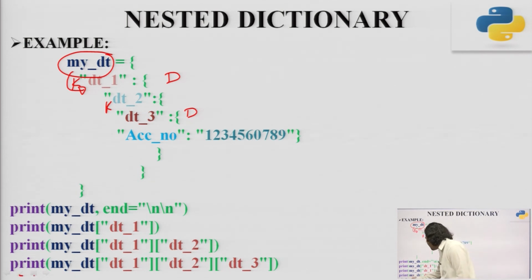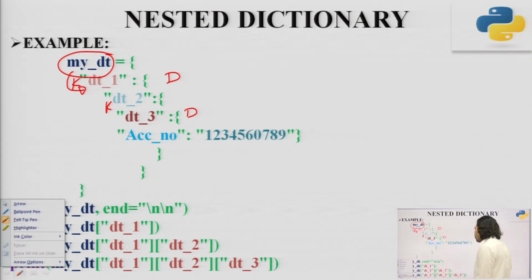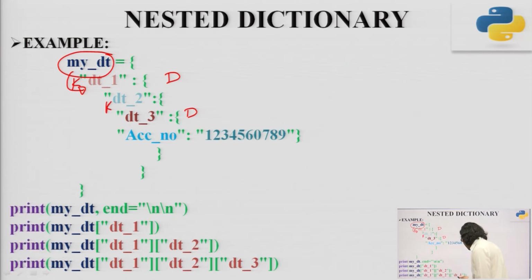And ultimately here you can see how we are able to access this one, that is we are looking for the dt underscore root underscore 3 information in dt underscore 2, in dt underscore 1, in the parent my dt. So, it is just similar to the folder files address bar, in which one folder is lying inside another one, and the file is ultimately lying at the end of the next folder.